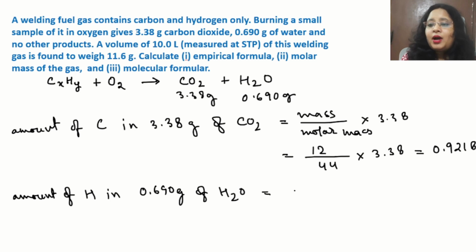It will be mass, again mass of hydrogen, it is 1, but here there are 2 atoms of hydrogen, so we will write 2 into 1, that is 2, divided by molar mass of water, which is 18, which in turn multiplied by 0.690, and we will get the answer 0.0767 grams.